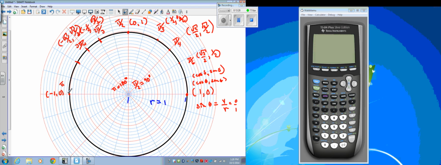This is 6 pi over 6. So this is 5 pi over 6. And now the cosine is going to be what? Negative square root of 3 over 2, and the sine is 1/2. Then when you get down here, cosine is -1 and the sine is 0.